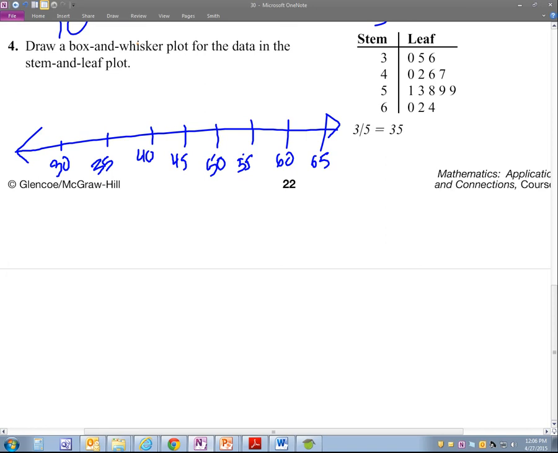So we have 30, 60, 35, 32, 36, 64, 40, 51. Oops, I should go the other way. 40, 59, 42, 59, 46, 58, 47, 53. Boom, 51.